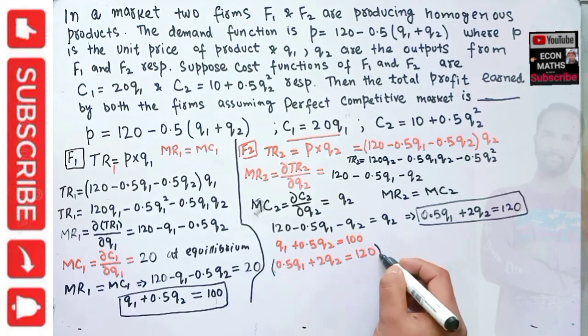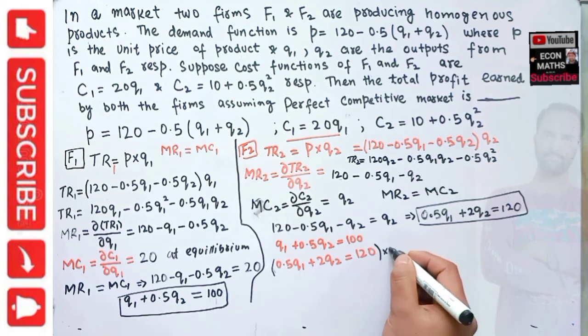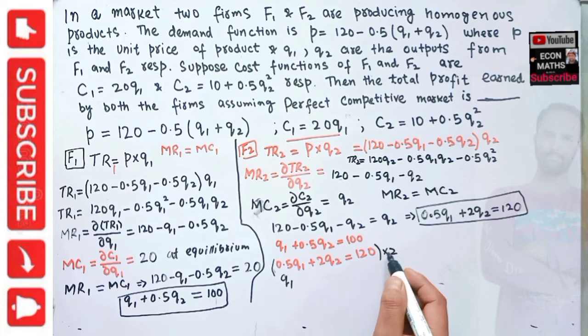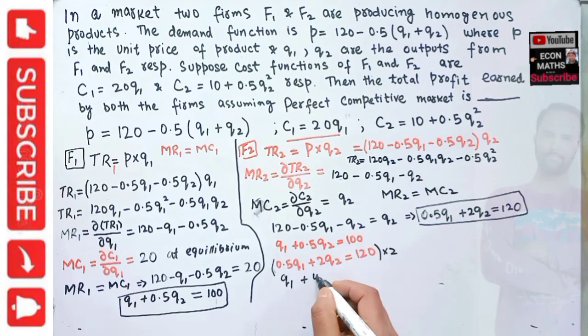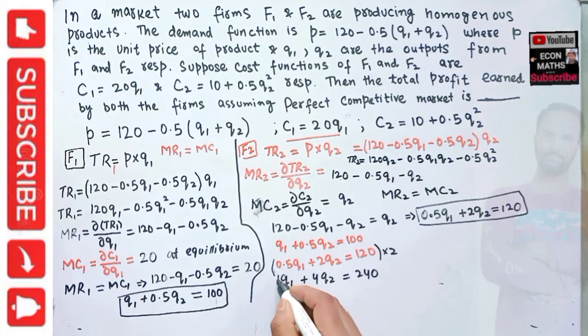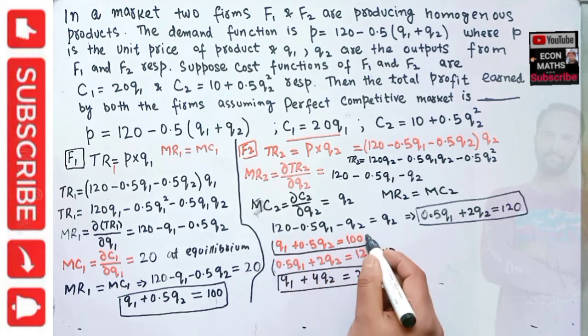if I multiply this equation by 2, the equation will become 2 into 0.5, which comes out to be Q1. Now 2 into 2 is 4 Q2 is equal to 120 into 2, which is 240. So now we have this equation and this equation.